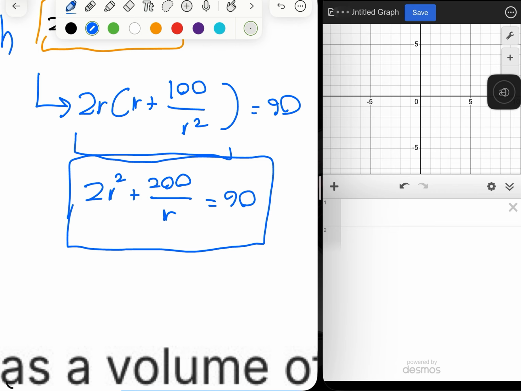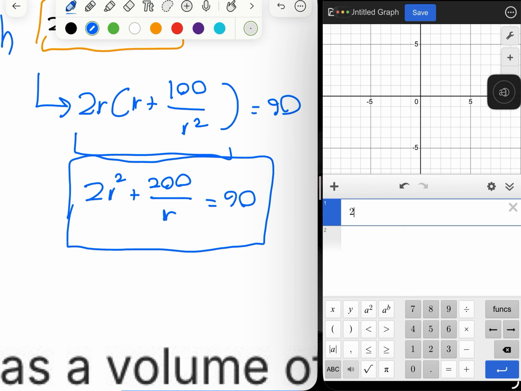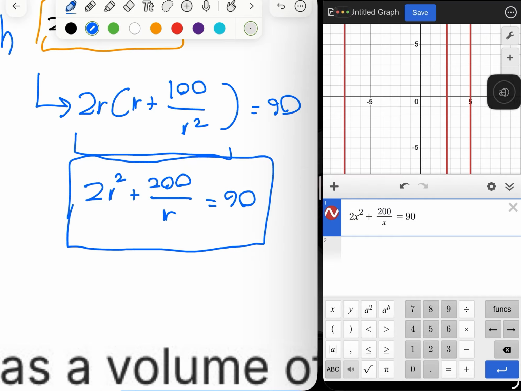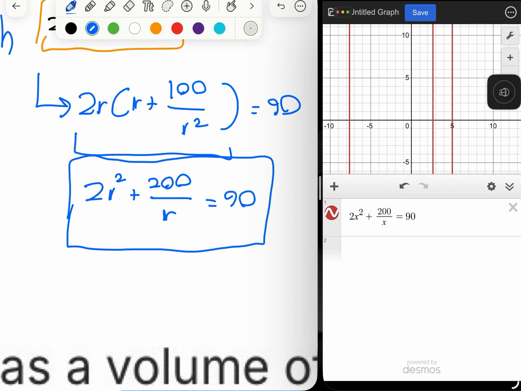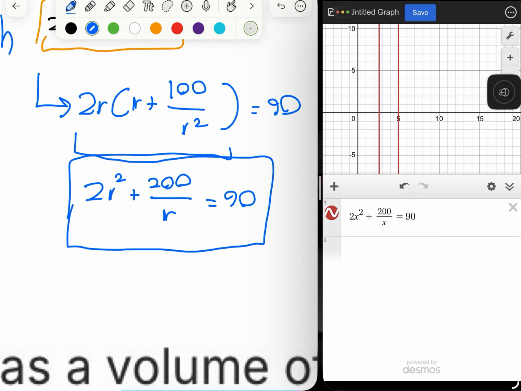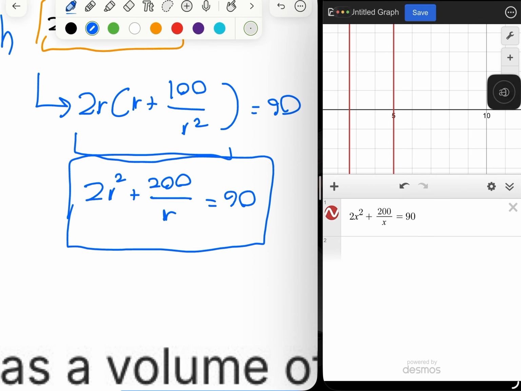And I'm going to use Desmos here. And instead of r, I'm going to use x because it doesn't register a variable that's not x. So if you type this into Desmos, you'll see there's three solutions. You really don't care about the negative one, because your radius can't be negative. So we're left with these two.